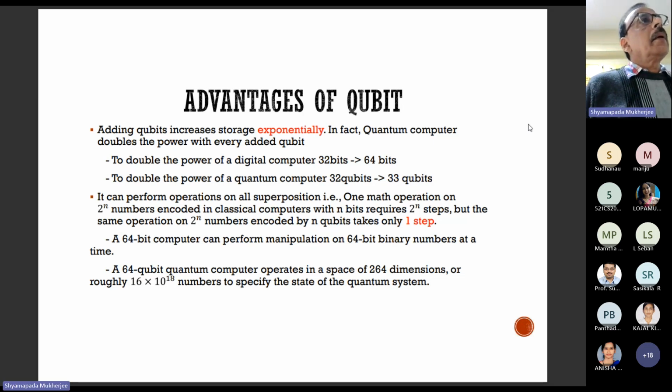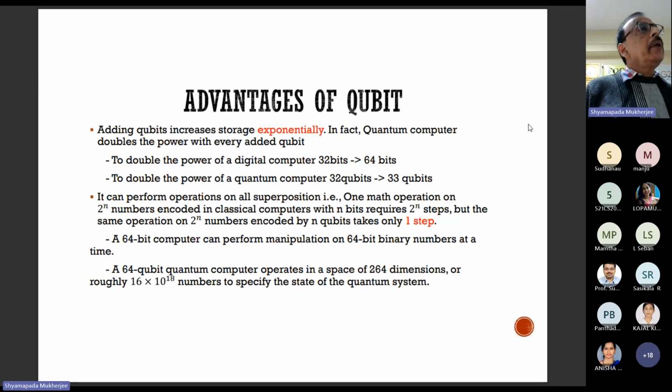So they are developing quantum cryptography. So a quantum computer cannot replace the classical computer. Quantum computers will solve many problems which cannot be solved by your classical computer.